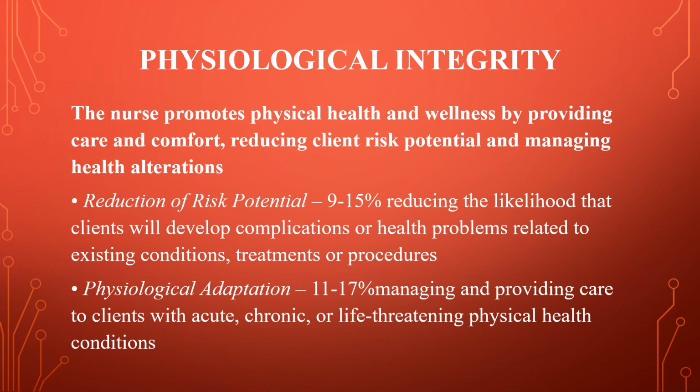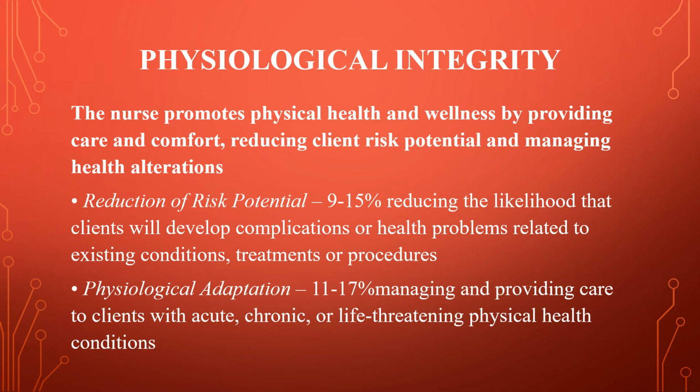And the last two subcategories, the first being, or the third rather, being reduction of risk potential. And this one should comprise 9 to 15% of test items. Here we're trying to reduce the likelihood that clients will develop complications or problems related to existing conditions, treatments, or procedures.